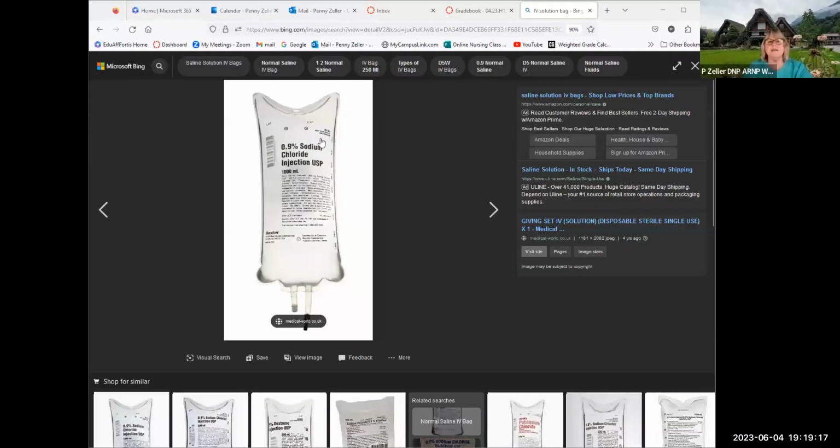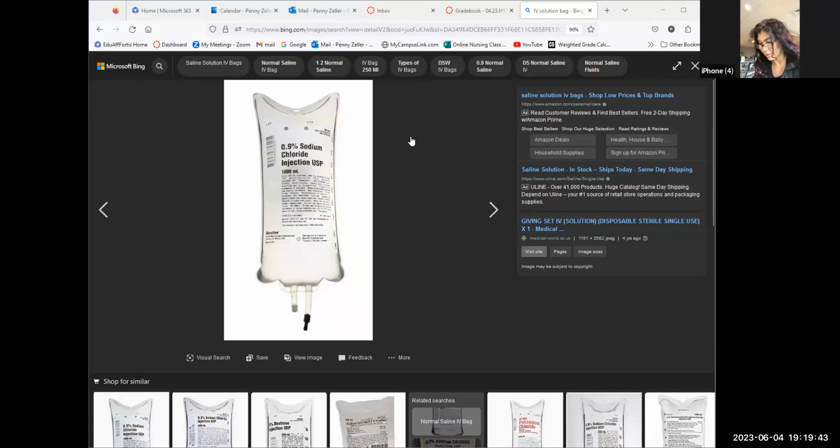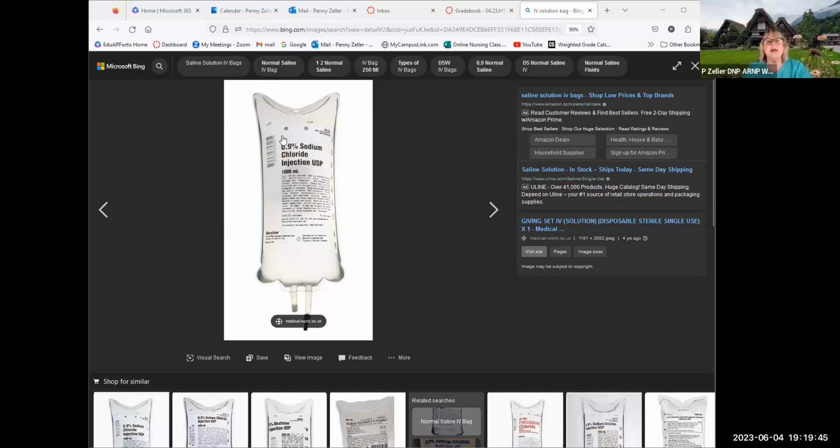I want you to get this bag, which is 1 liter or 1,000 mL, in over 10 hours, which is slow. So how much per hour do you need to run your pump to get this bag in 10 hours? 100 mL per hour. Yeah, same thing.